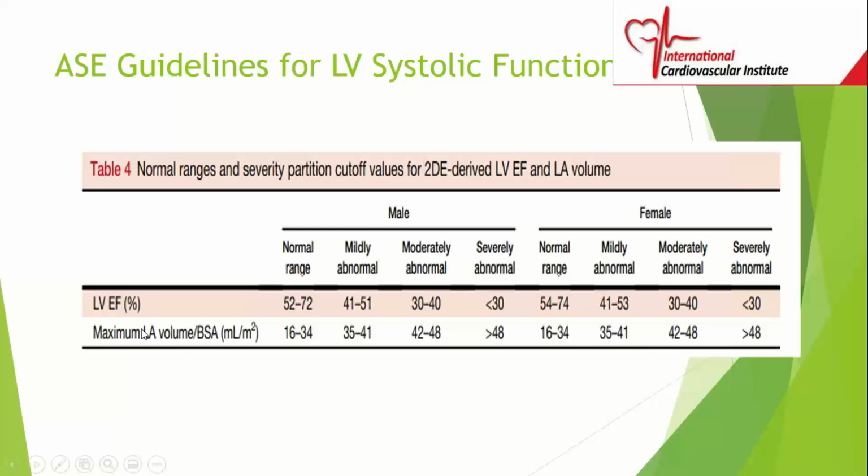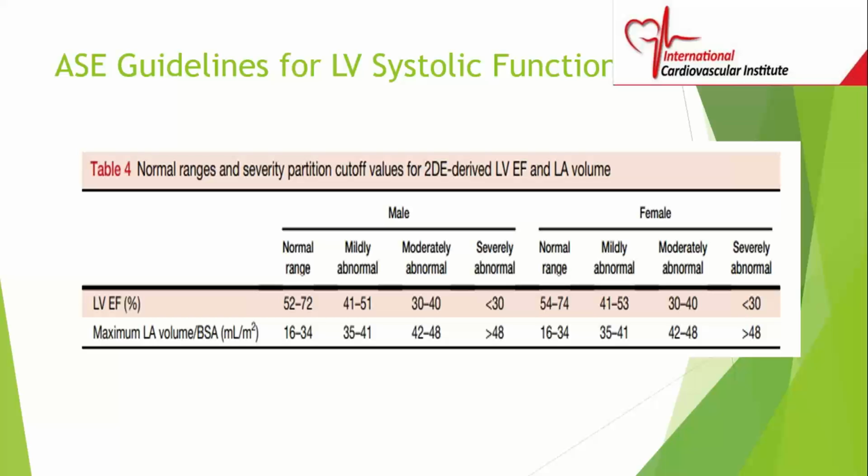We have a more detailed session on left atrial enlargement, but this is the evaluation of the left atrium size. And the current method is to do left atrial volume assessment, and not only left atrial volume assessment, but you have to index it.